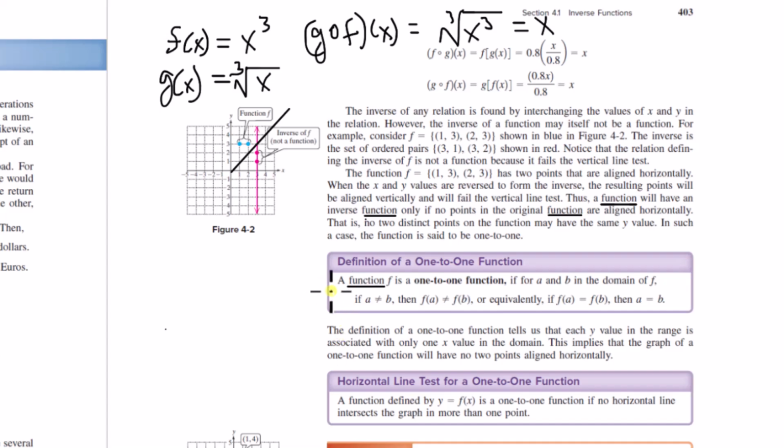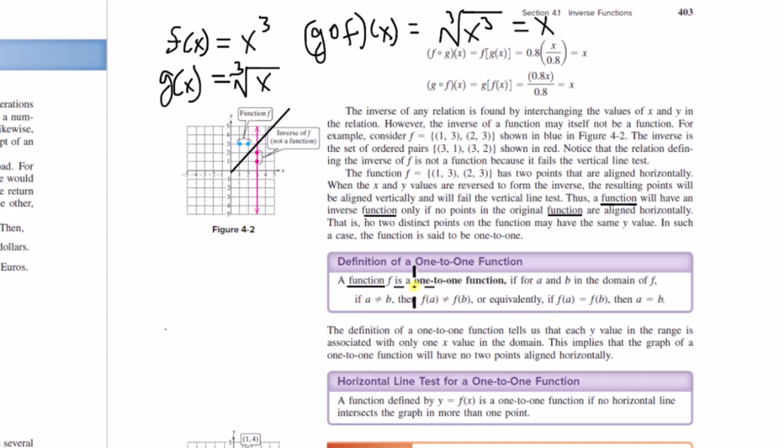So it's already the case that a single input doesn't map to multiple outputs. The rest of this is just a fancy way of saying you can't have separate inputs mapping to the same output for a function to be one-to-one.